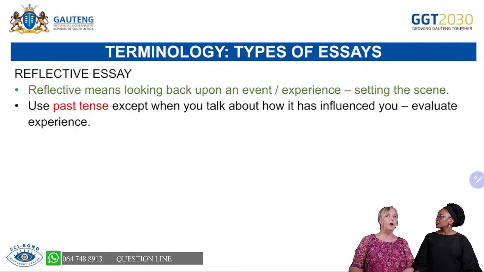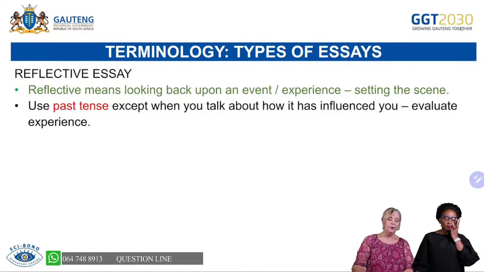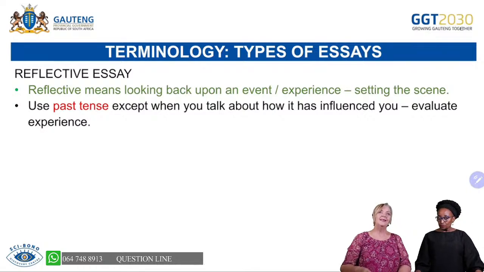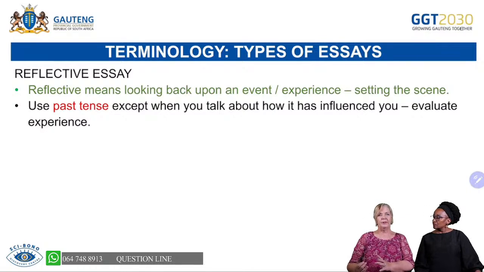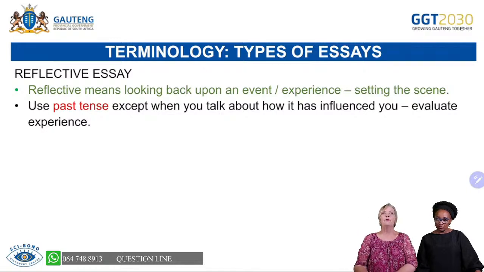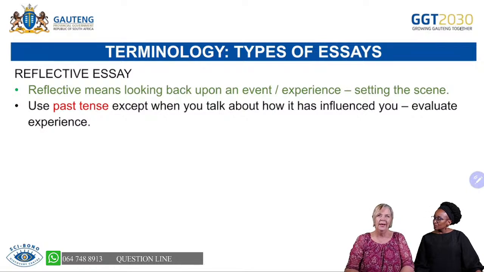We often use the past tense, except when we talk about how it has influenced us. In other words, when we evaluate the experience. Let's say we went through something terrible, and how has that shaped us to become the people that we are? And that's what makes reflective essay writing absolutely wonderful, because it becomes personal.